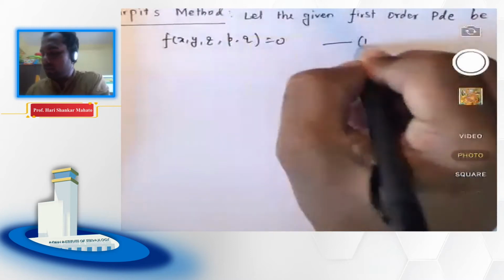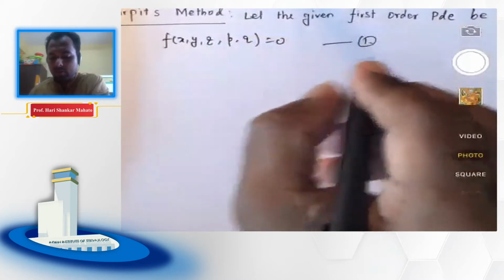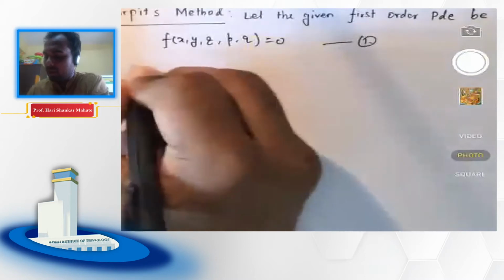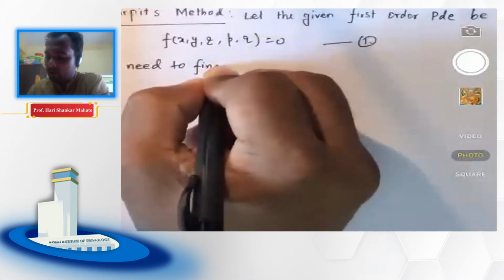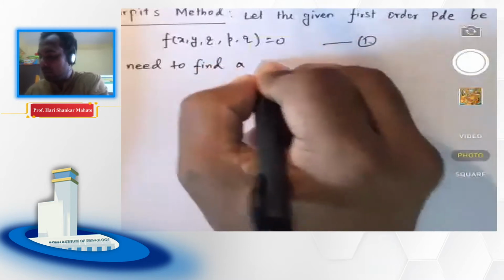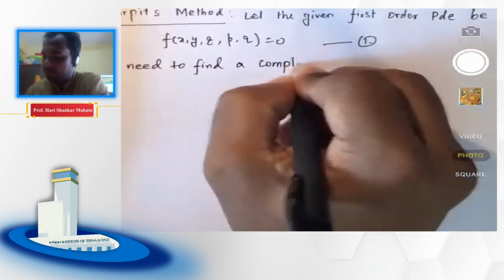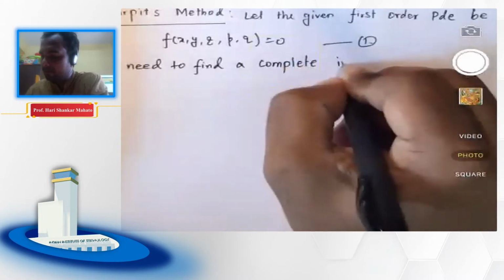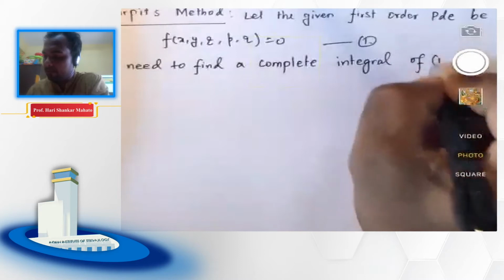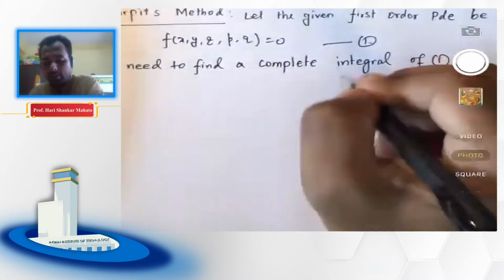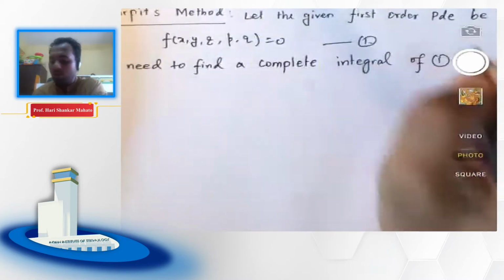Suppose this is equation number 1. And we need to find a complete integral of 1.